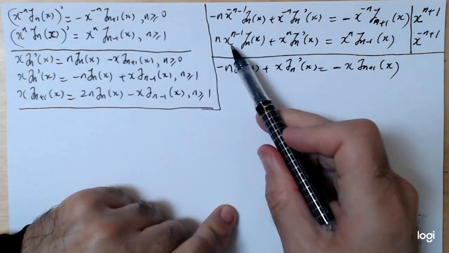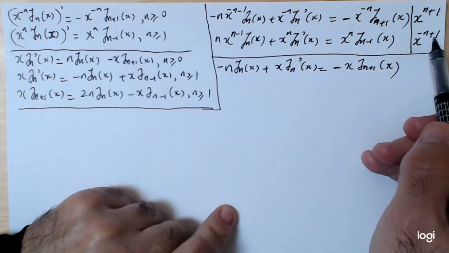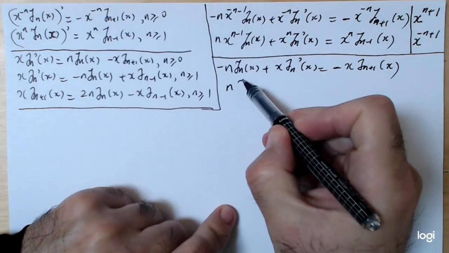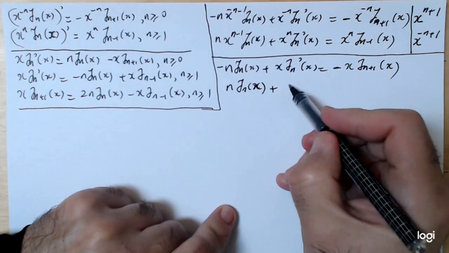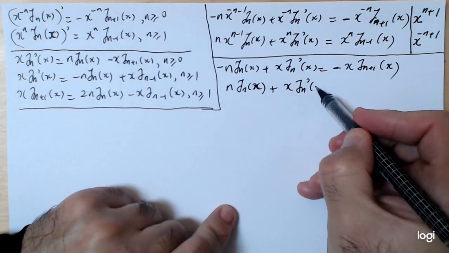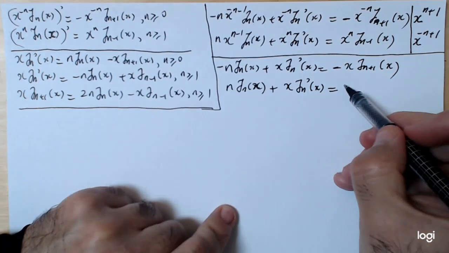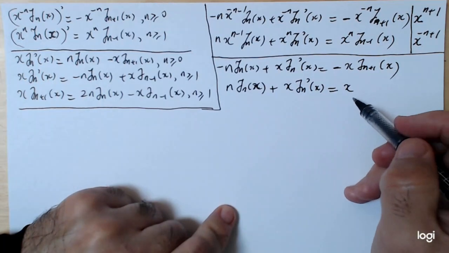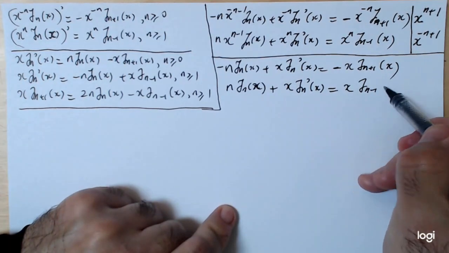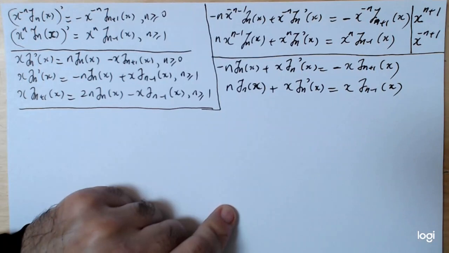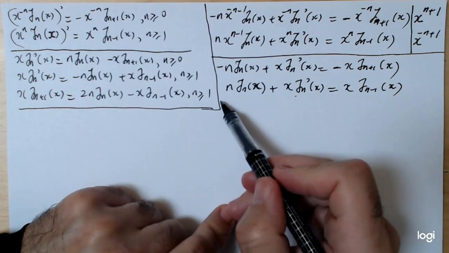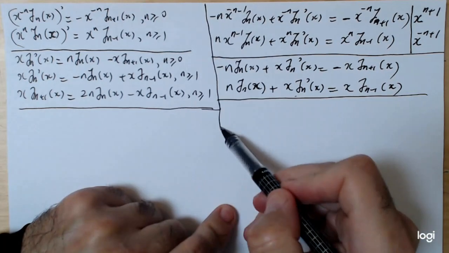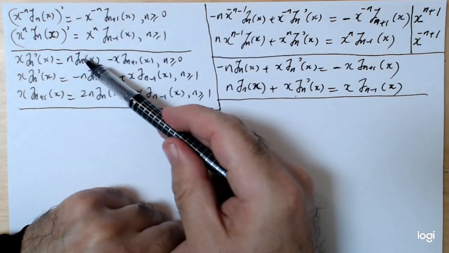And on this one, if I multiply by x to the minus n plus 1, you're left with n jn of x plus x jn prime of x equals x jn minus 1 of x. So notice that if I get x jn prime by itself in both of these equalities, you end up with the third and the fourth formula.